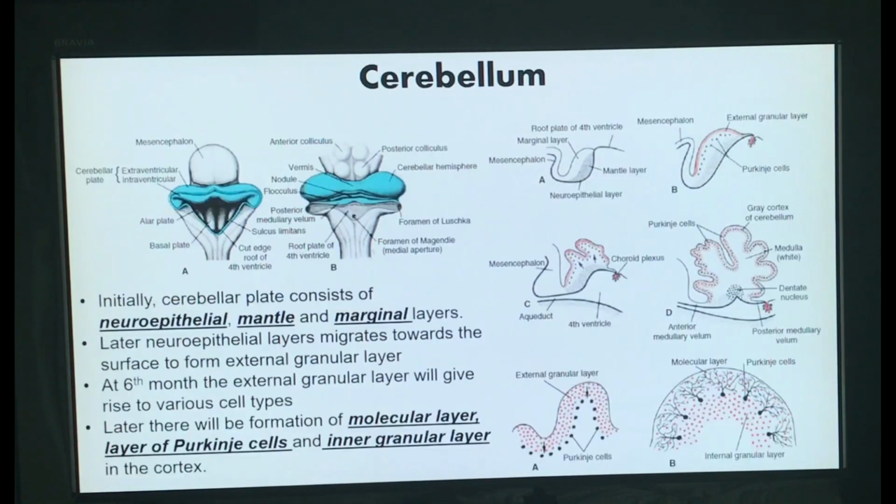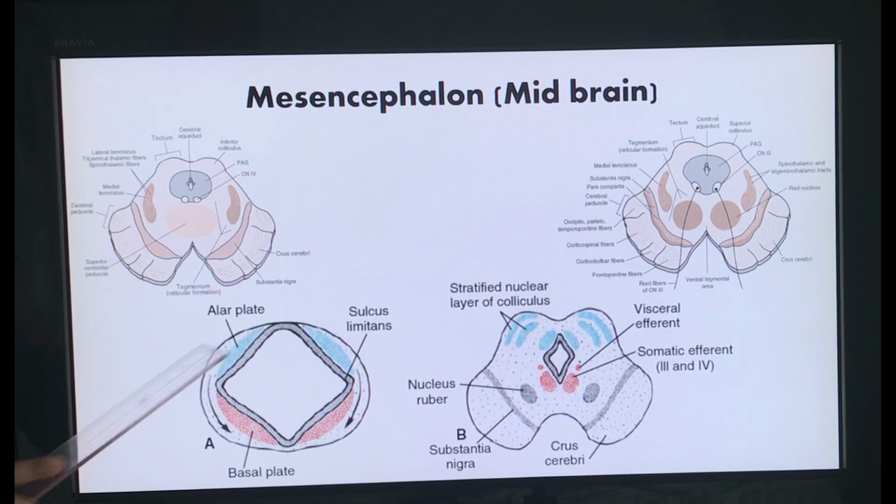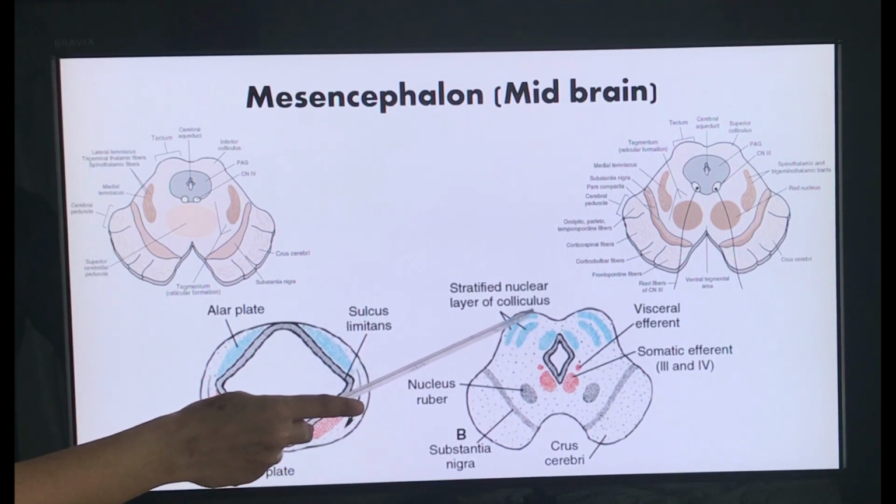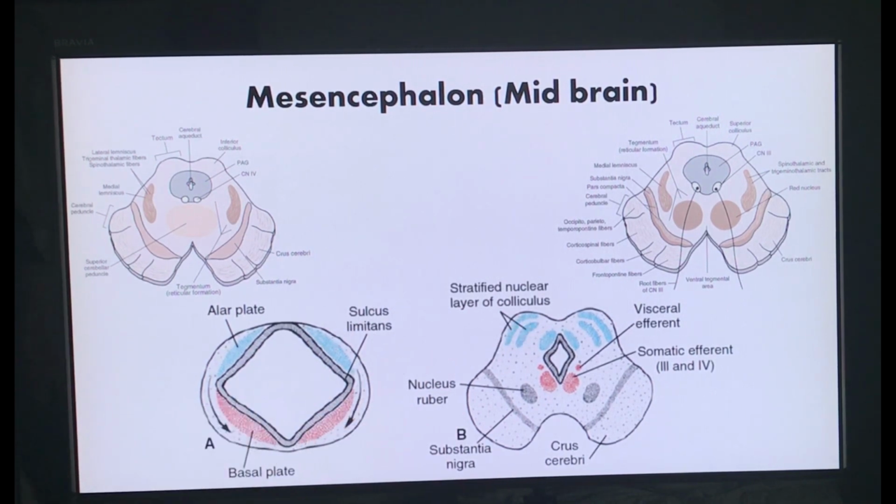The alar plate is present on the dorsal aspect. If you can see the alar plate, it separates into two longitudinal dilatations or ridges, and later these ridges will form the colliculi. You see the superior colliculus and inferior colliculus.